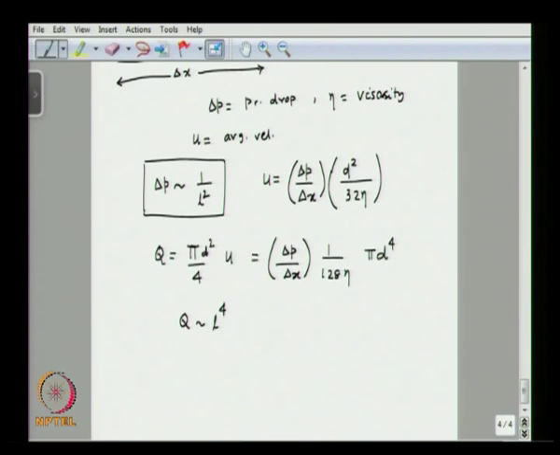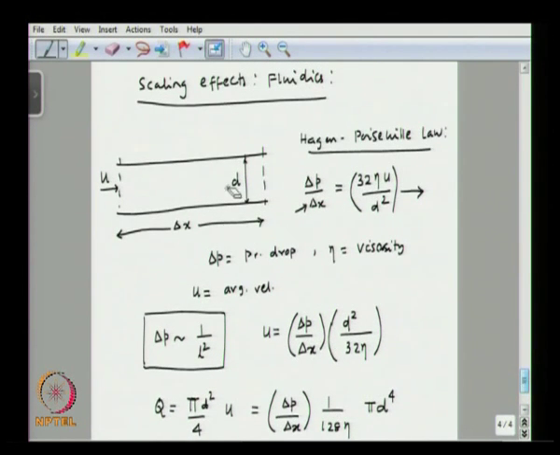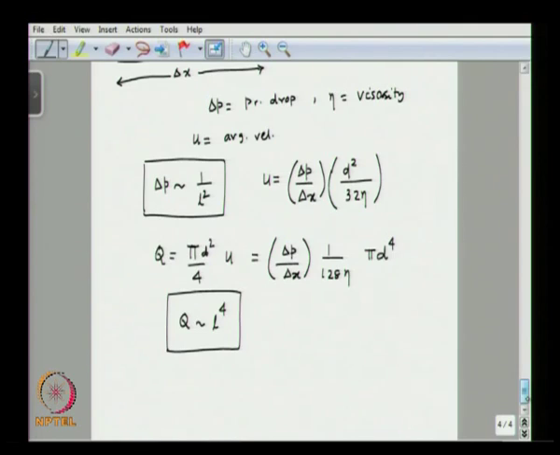Now, if we reduce the diameter of the channel by, let us say, 10 times, then what is going to happen?